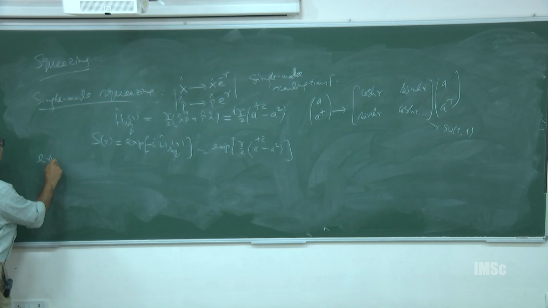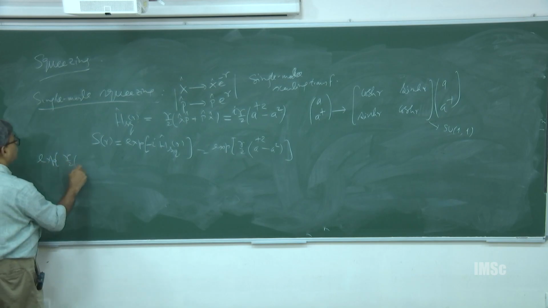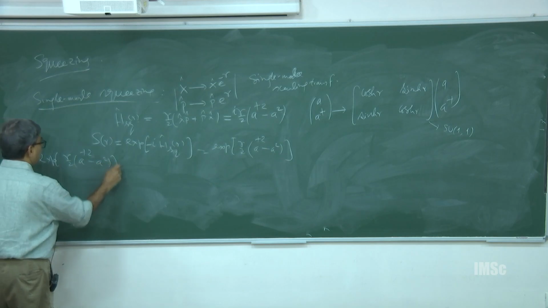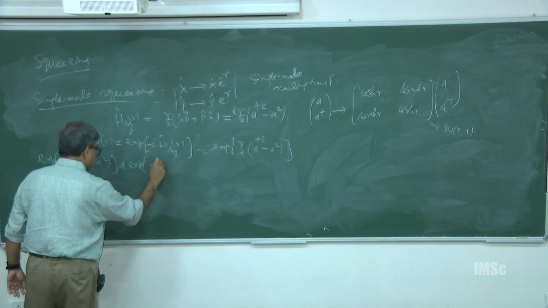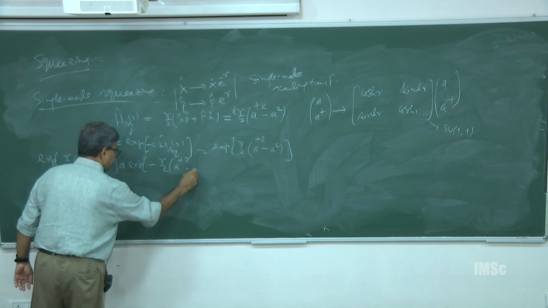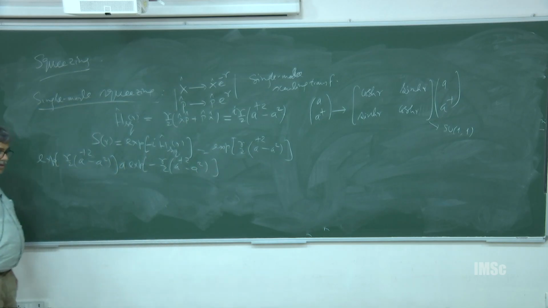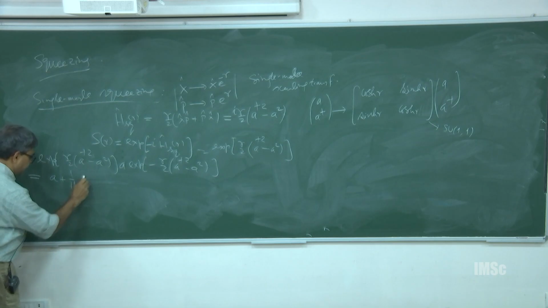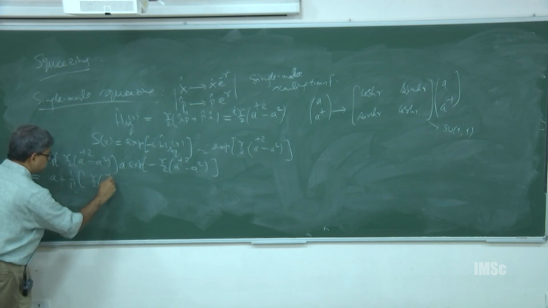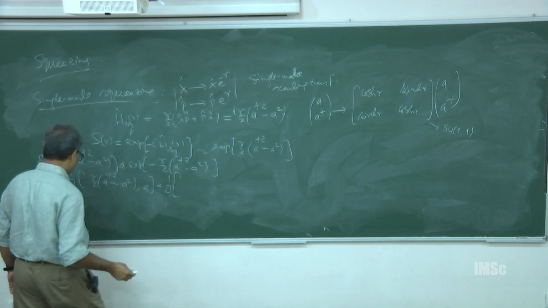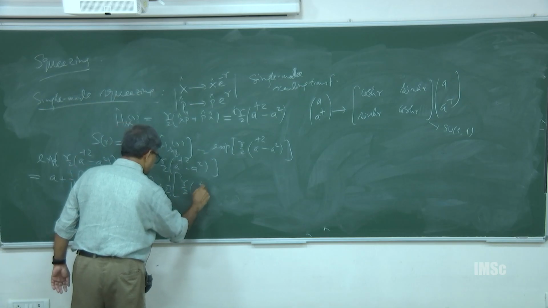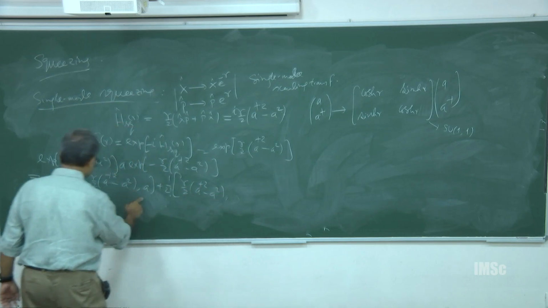So exponential of r by 2 (a dagger square minus a square) times a times exponential of minus r by 2 (a dagger square minus a square). So what will be this? This is a, 1 by factorial 1. What is this?